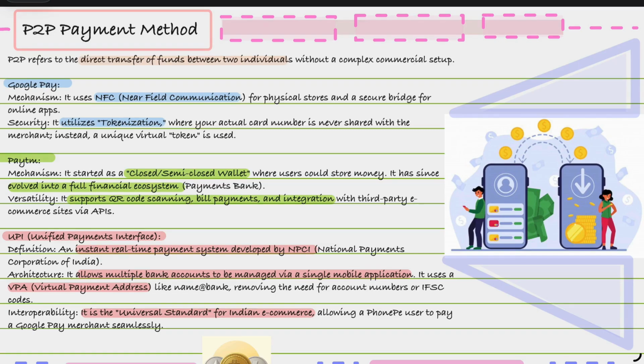It is a masterpiece of open banking infrastructure because it allows users on one app to instantly send money to a merchant using an entirely different app, and this is happening seamlessly. How we have digitalized all these things is quite impressive, right? So these were the P2P payment methods.